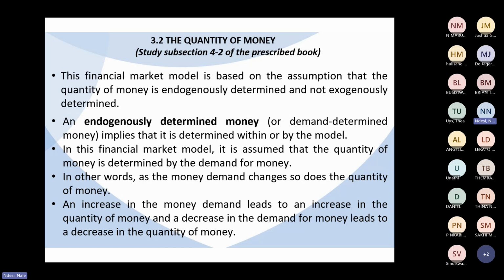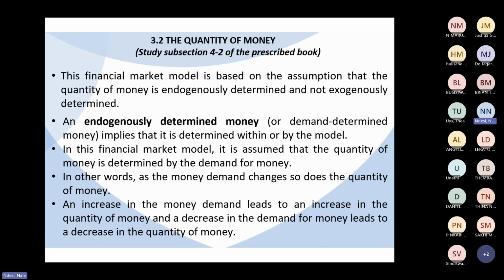So now let's move to 3.2, which is the quantity of money. It's 3.2 on your study guide and 4.2 in the prescribed textbook. The financial market model assumes that the quantity of money is endogenously determined, not exogenously determined.